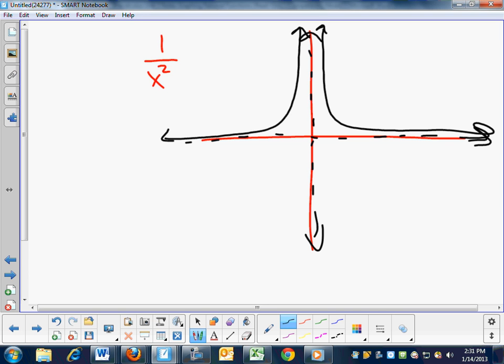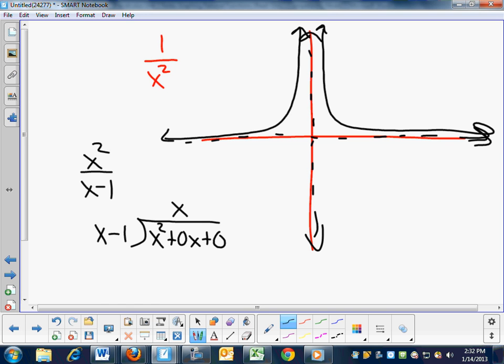Some people asked, will it always look like a line? No. What if you had x squared over x minus 1? Well, if you divide that, how many times does x minus 1 go into x squared plus 0x plus 0? What do you multiply x by to get x squared? X. Multiply through, I get x squared minus x, subtract, get 1x plus 0.